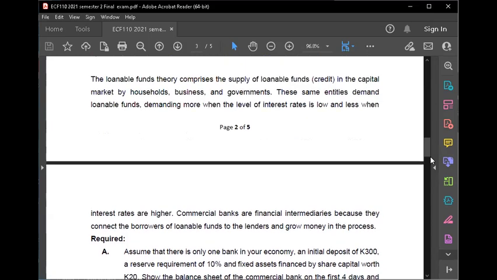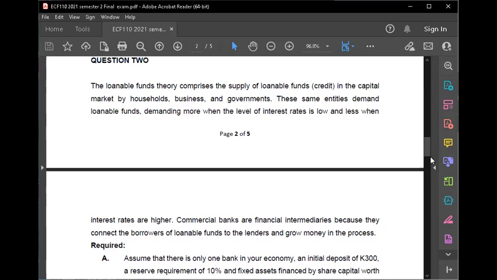It says the loanable funds theory comprises the supply of loanable funds, credit in capital markets by households, businesses, and governments.